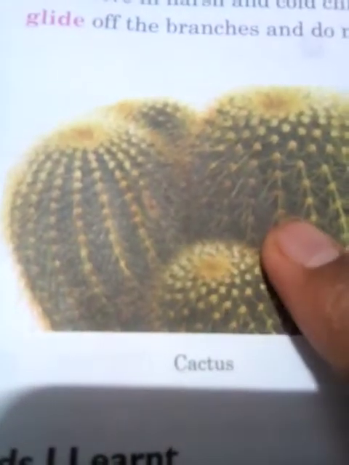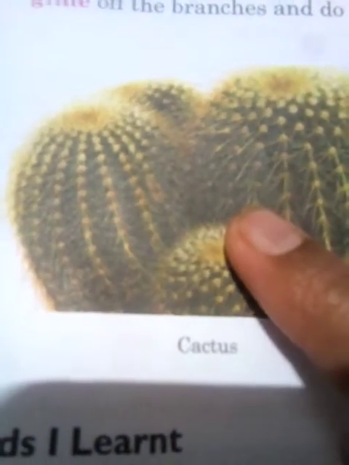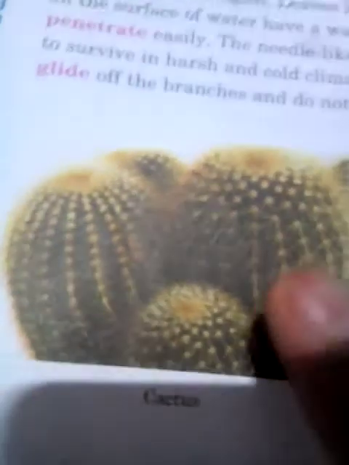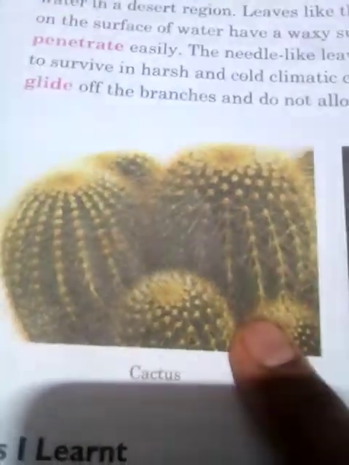The leaves of this cactus have spines, spikes, and they protect themselves from animals. They retain moisture inside. They can grow with a very small amount of water.